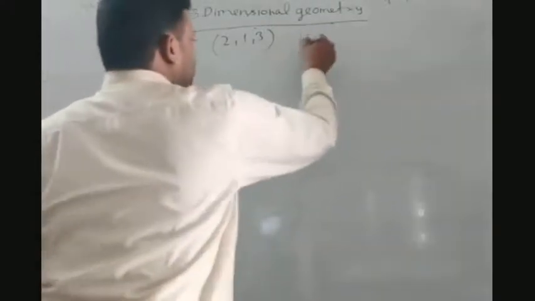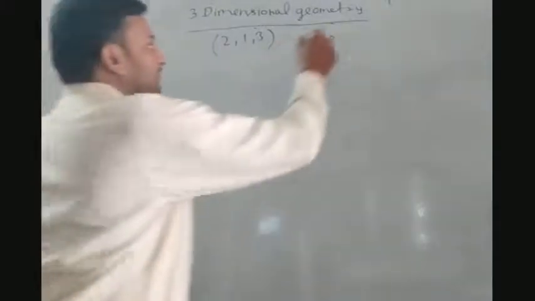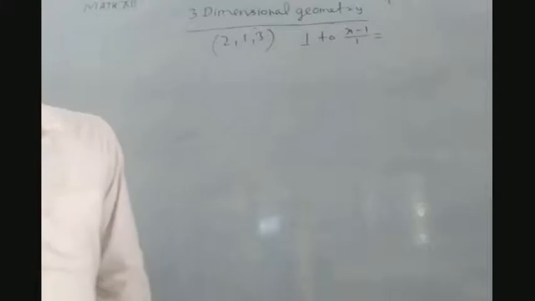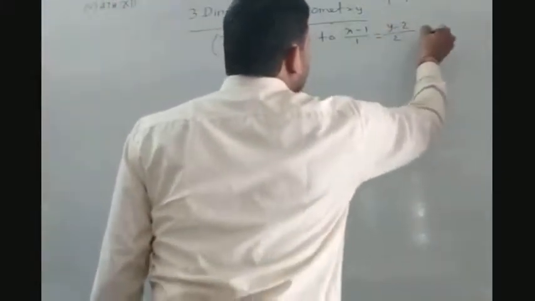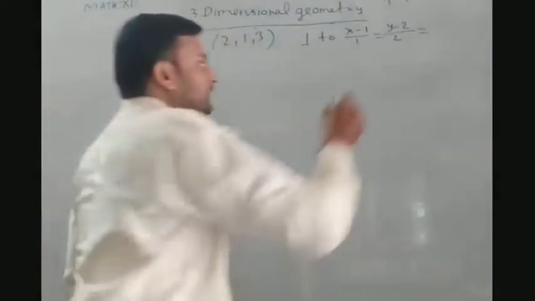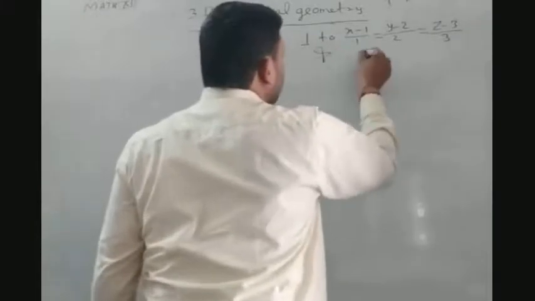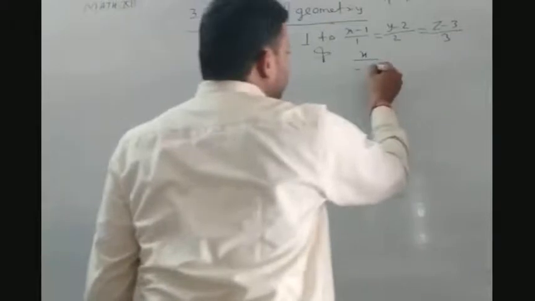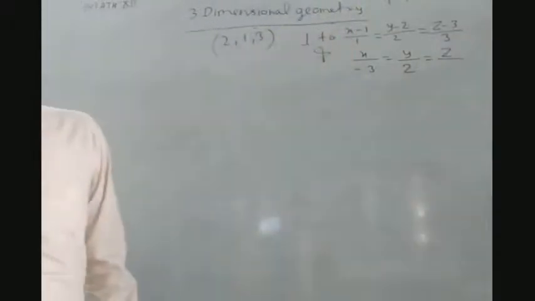See the next question. Our next question is: find the vector and Cartesian equation of the line passing through the point 2, 1, 3 and perpendicular to the line (x minus 1) by 1 is equal to (y minus 2) by 2 is equal to (z minus 3) by 3, and x by minus 3 is equal to y by 2 is equal to z by 5.